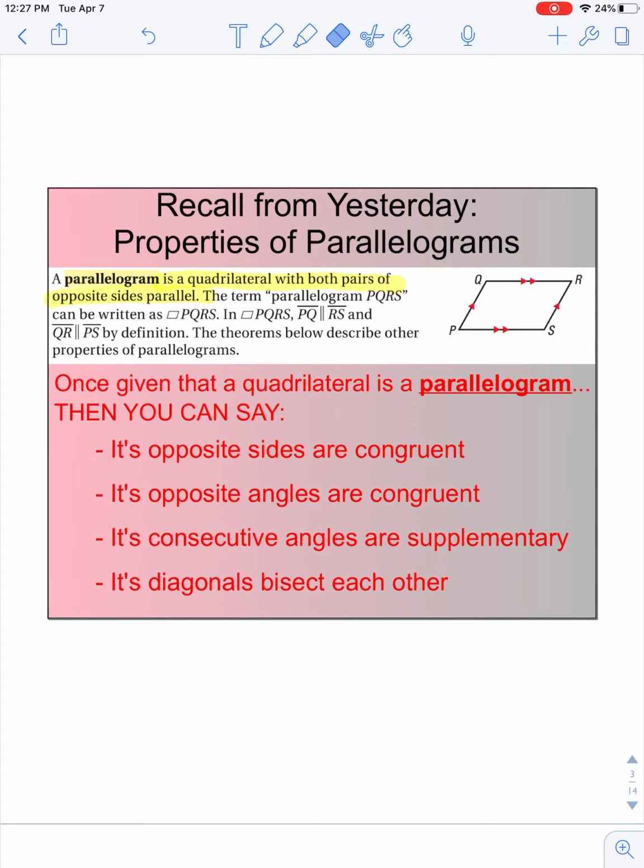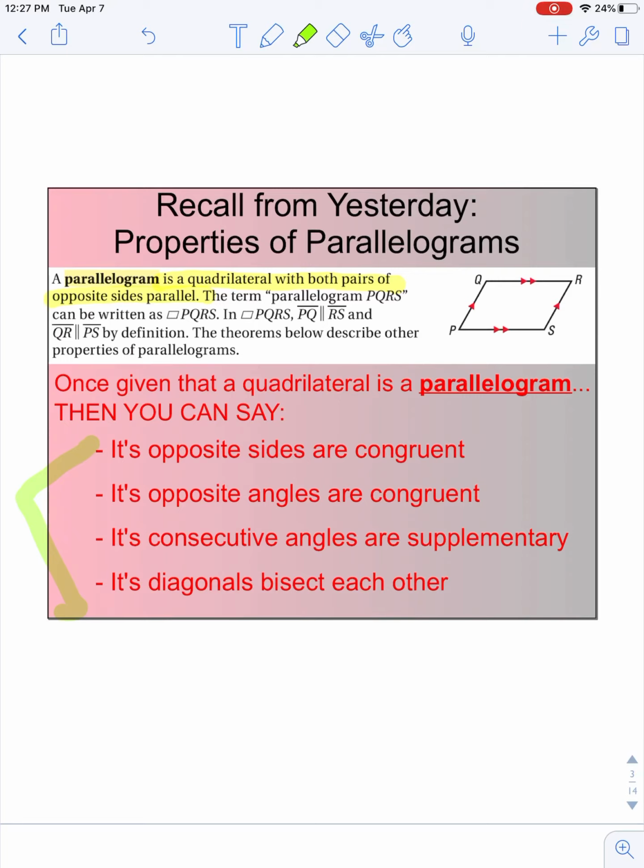And once we have determined that it is a parallelogram, there's a whole bunch of other things that we can say. That is, opposite sides are congruent, opposite angles are congruent, consecutive angles are supplementary, which means they add up to 180, and the diagonals bisect each other. So if you didn't get very good notes from this yesterday, you may just want to pause the video right now and review those things.